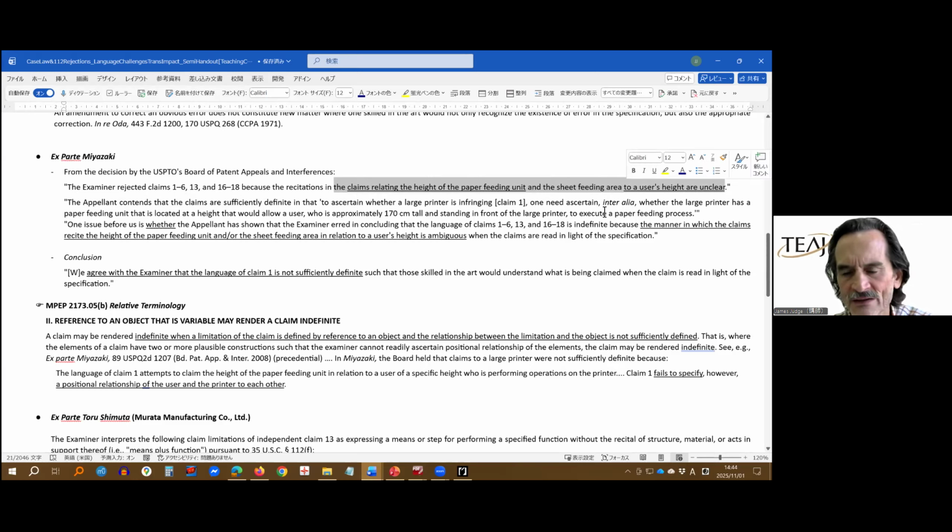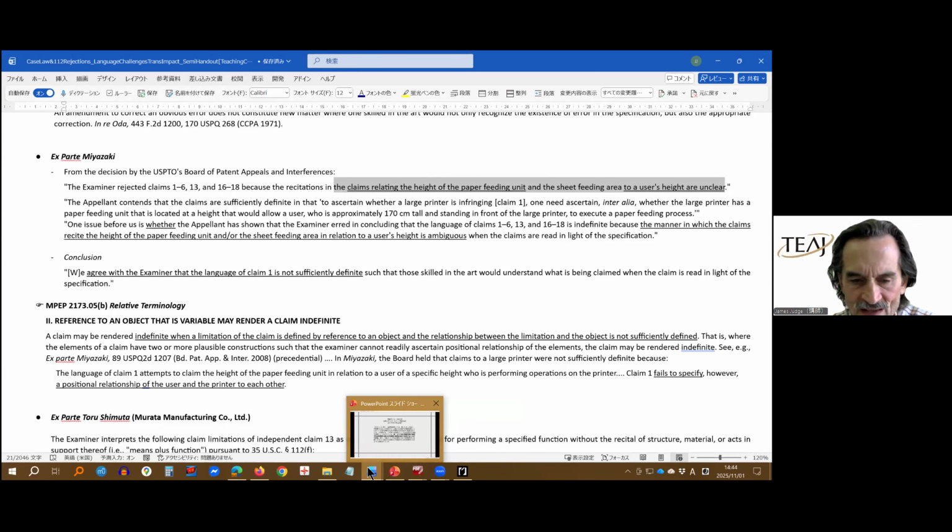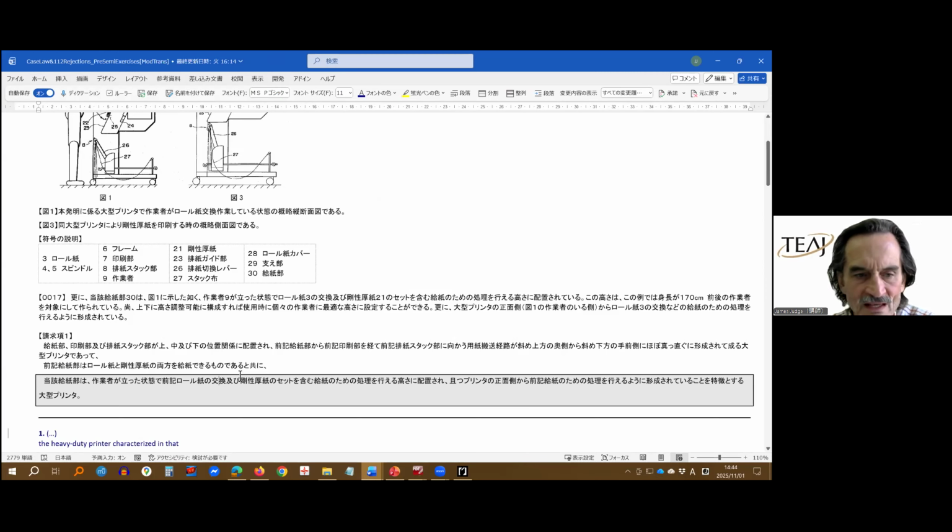are unclear. So the whole problem is that this idea of saying 作業者が立った状態で、この処理を行える高さに配置される. So it's saying that this sheet supply unit, 給支部がこの高さに配置される.